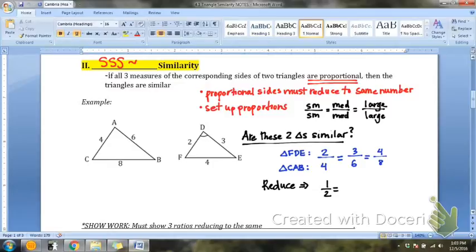What about 3 over 6? 1/2. What about 4 over 8? 1/2. This 1/2, 1/2, 1/2 is called the scale factor. The number that they all reduce to is called the scale factor.